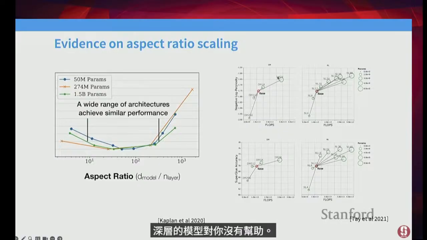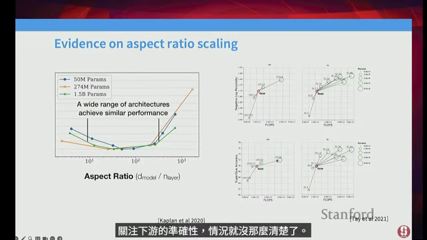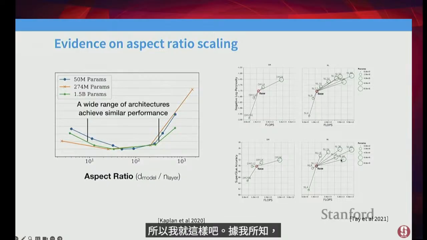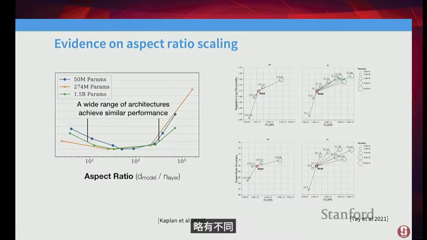Deeper models don't help you. But the story is less clear if you're looking at downstream accuracy. At the time, they were looking at fine-tuned SuperGLUE accuracy. They were arguing that for the same amount of FLOPs, deeper models might be better. So I'll just leave it at that. There's not quite as much follow-up to this work, at least in the open that I've seen, but downstream performance may actually be slightly different in terms of the aspect ratio considerations here.